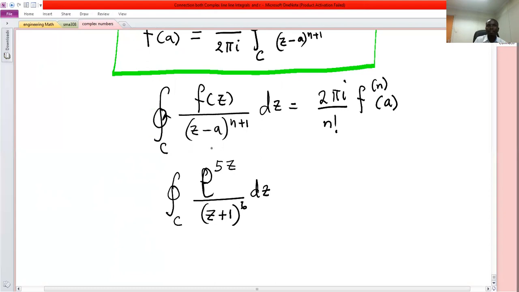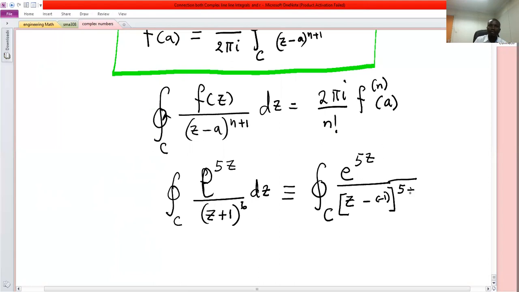So that it takes the same standard form, we can say this is the same as the integral along C of e raised to power 5z divided by z minus negative 1 to the power n plus 1, so 6 can be written as 5 plus 1, dz. So clearly, our n is 5 and our a is -1.